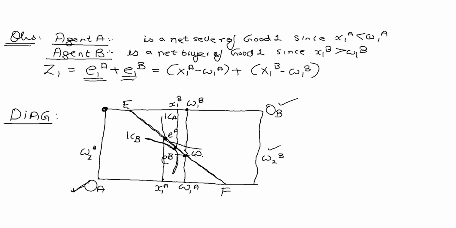Now, if you look onto the diagram, X1A minus omega 1A is negative because X1A is less than omega 1A, and X1B minus omega 1B is positive because X1B is more than omega 1B. But you will see in the diagram that this is negative by this much, but it's positive only by this tiny amount.